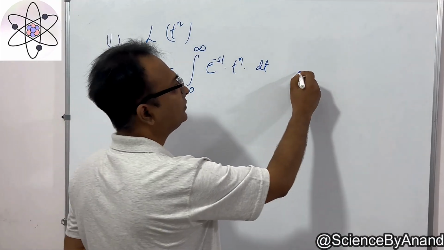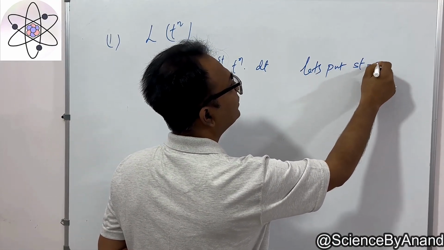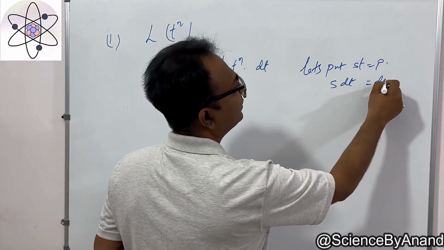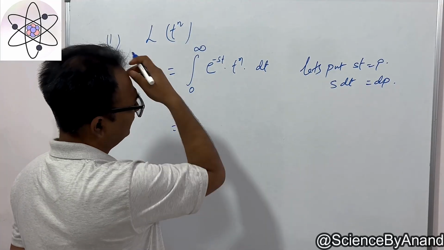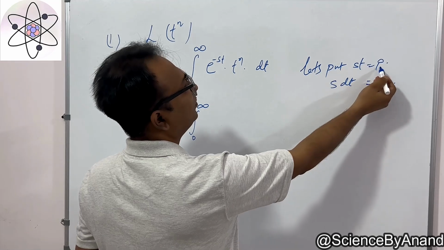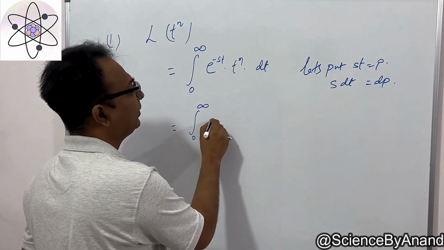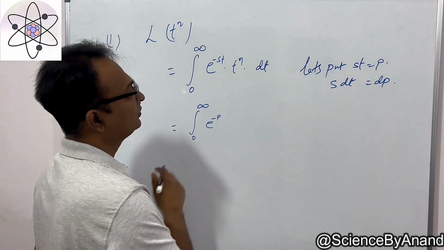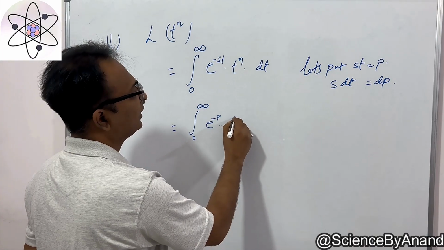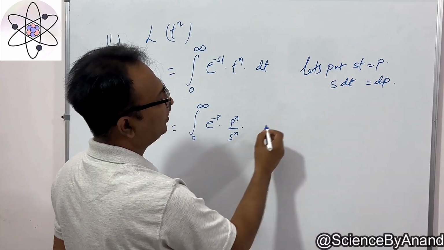Let's put st equal to p. Then s dt is dp. So what will we get? And the limits will be, when t tends to infinity, p tends to infinity, so no issues. 0 to infinity e to the power minus p into t, where t is p by s. So this is p to the power n by s to the power n. And dt is dp by s.